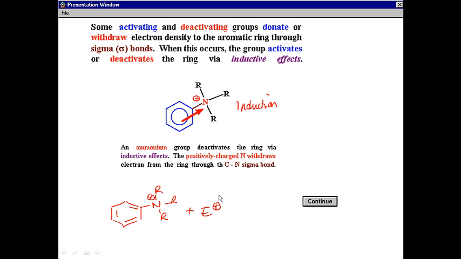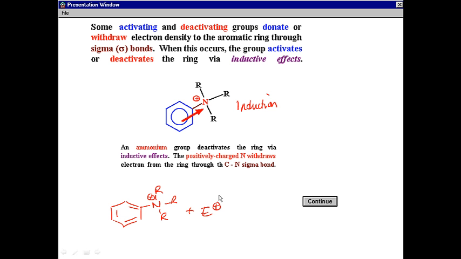What's the big problem here that's going to really slow down this reaction? I'm trying to react two positively charged things. That's not really going to be likely. So it's going to be exceptionally difficult to add an electrophile to an already positive ammonium on a ring.